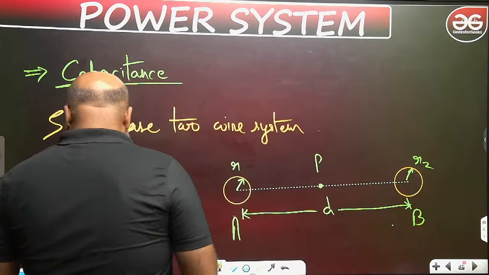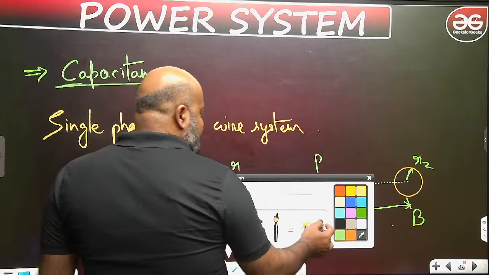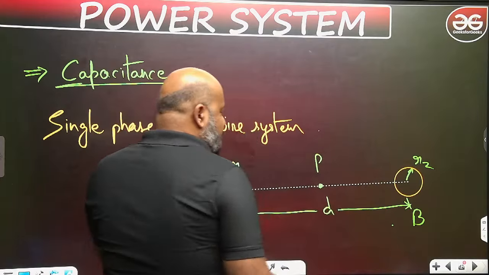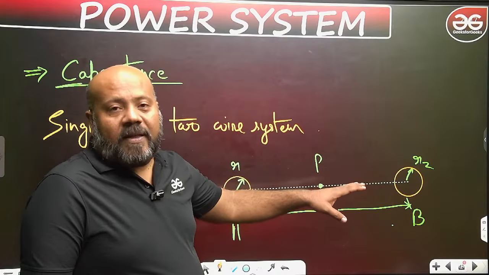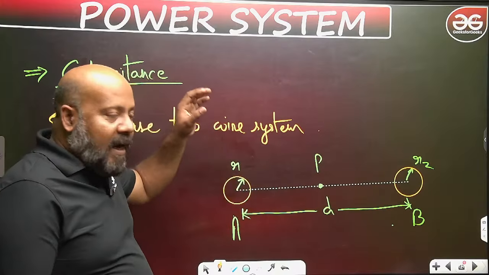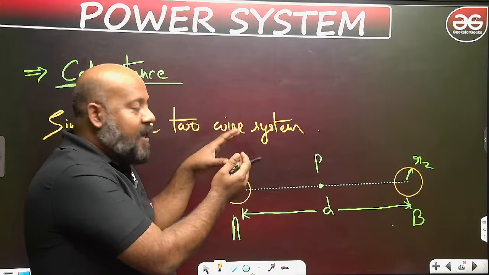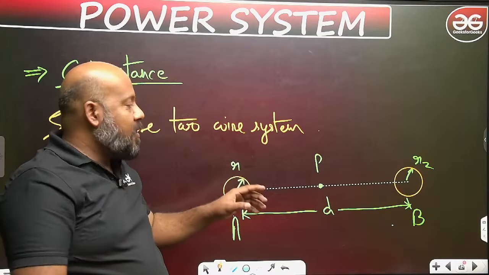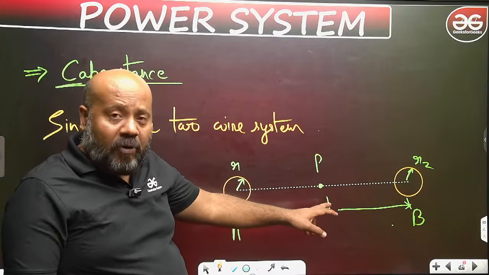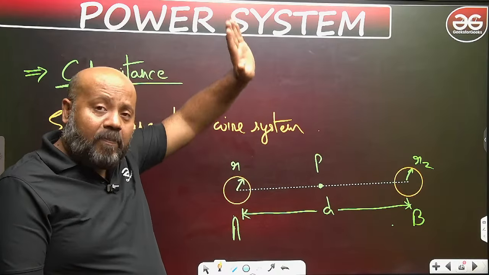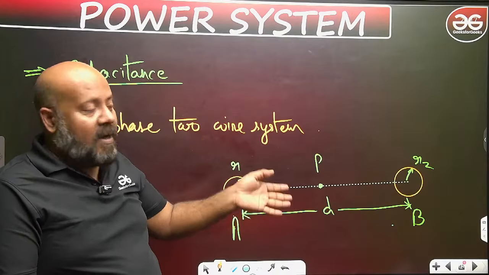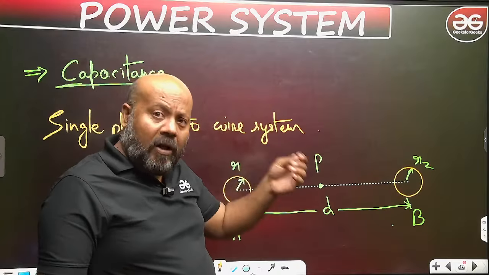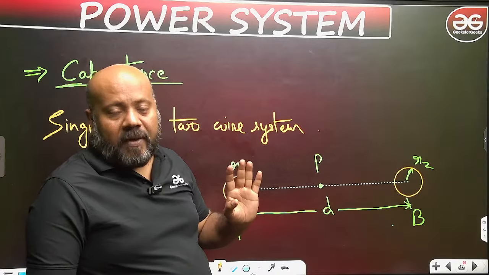Now one thing you understand: when we show this diagram, the conductors A and B are not circles, they are cylinders into the plane of the screen. So this point P is not just a point, it actually represents a two-dimensional plane which is equipotential, and on this plane at all the points the potential is zero.